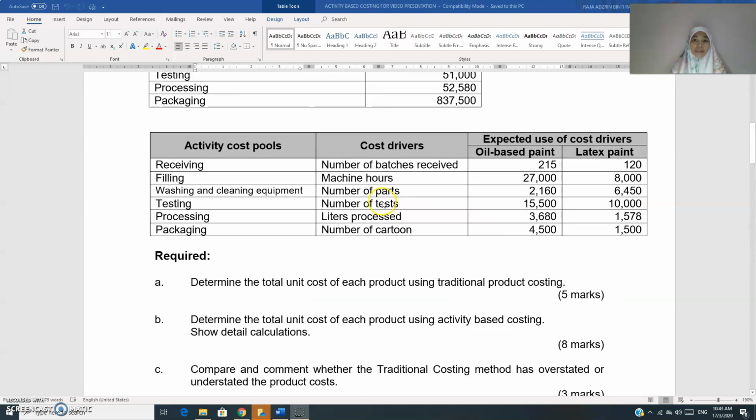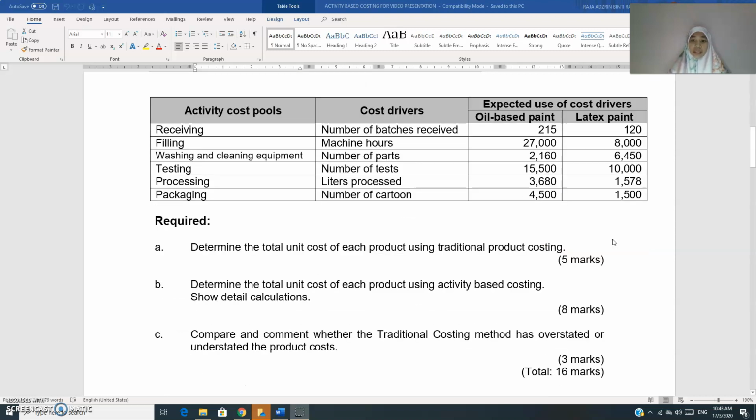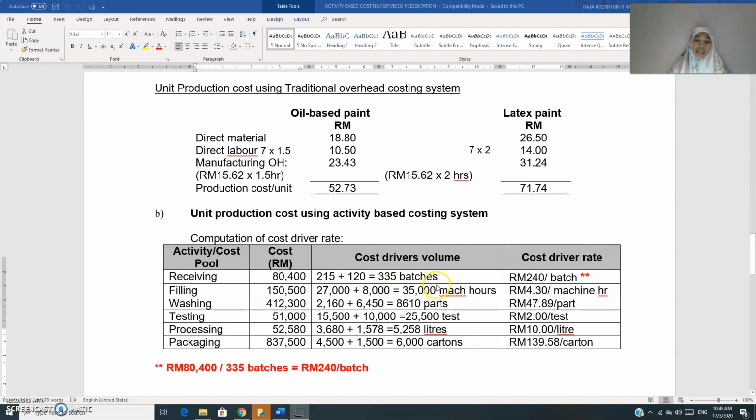In the question, you are given that the number of batches received, for example for the receiving department, is 215 for oil base and 120 for latex. So the total will be 215 plus 120, giving you a total of 335 batches.